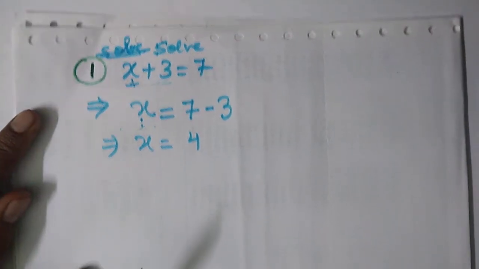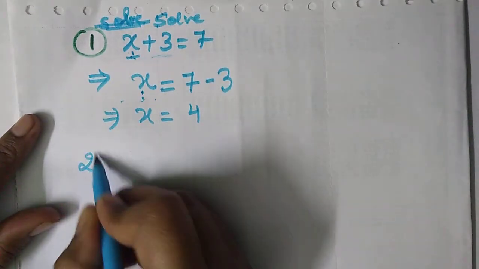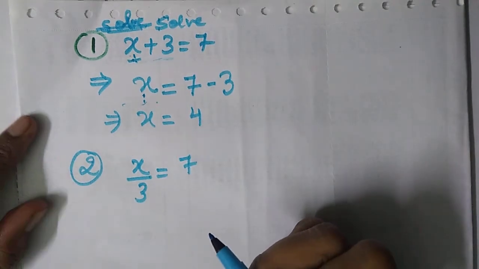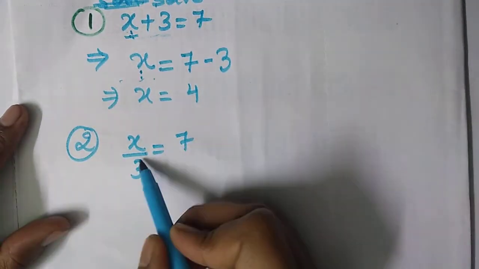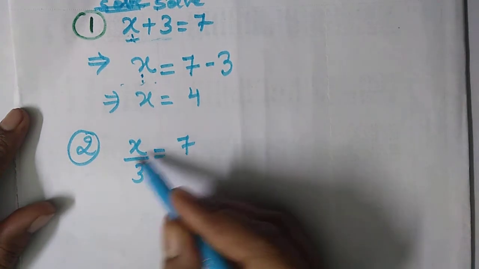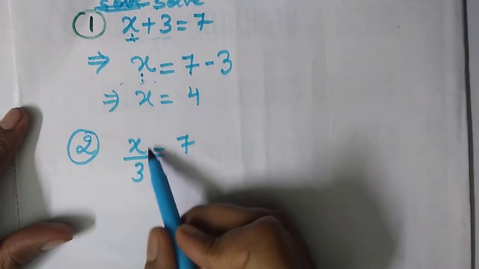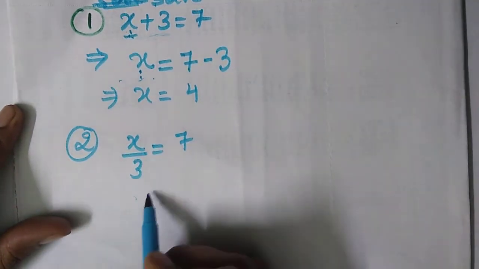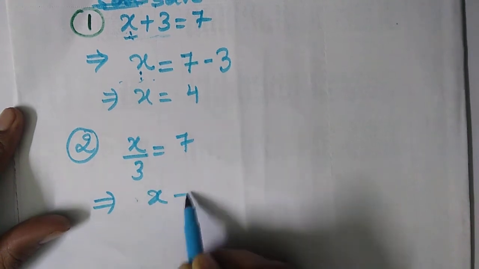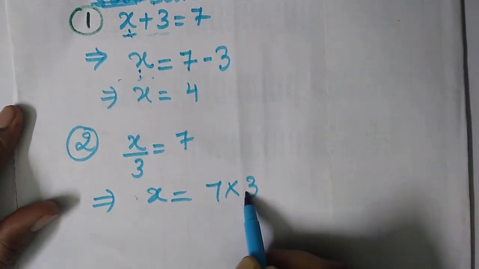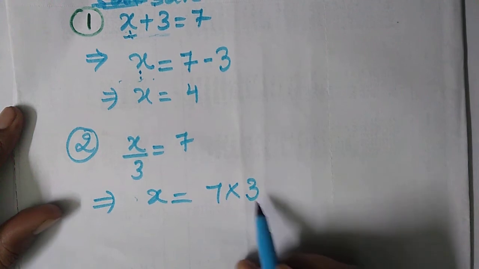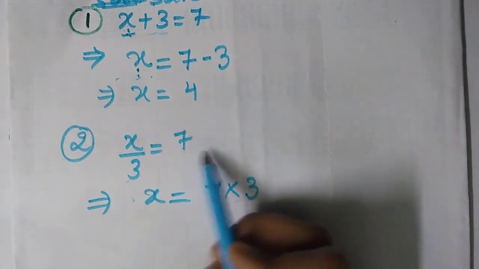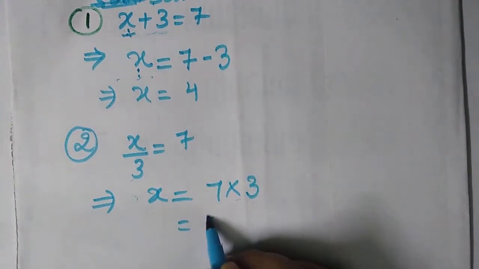Okay, now let us take one more example. Let it be x by 3 equal to 7. You need to find the value of x. Now with x, this 3 is in division. If it changes its side, it will be in multiplication. So x equal to 7 multiplied by 3, which is 21.